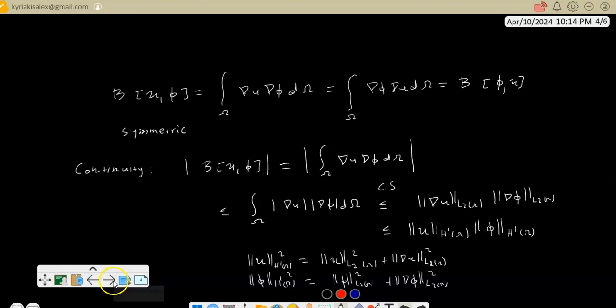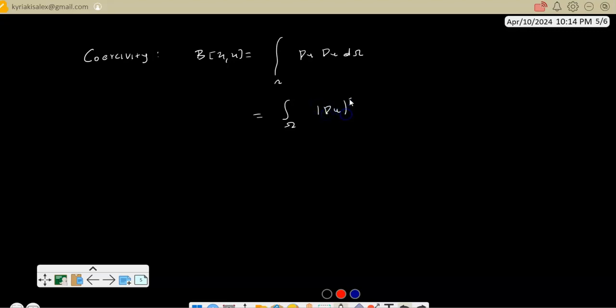And now I'm going to show the coercivity of the bilinear form. Coercivity. I take B(u, u). So it's the integral over omega of grad u grad u d omega. And this can be written as the integral of the absolute value of grad u squared d omega.